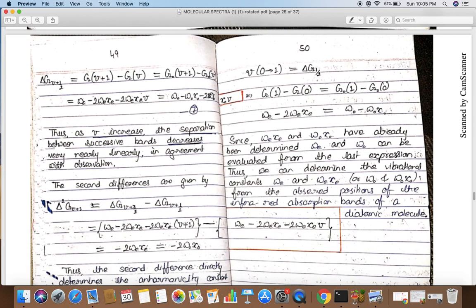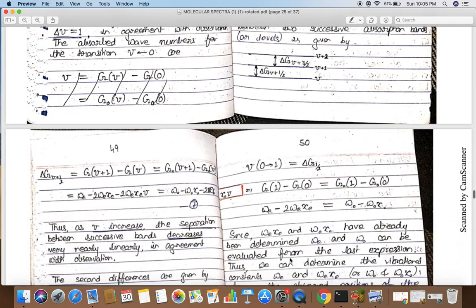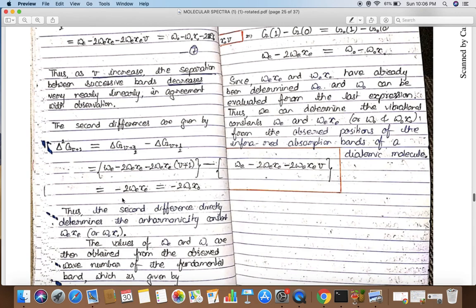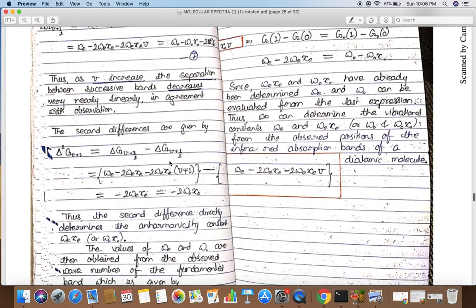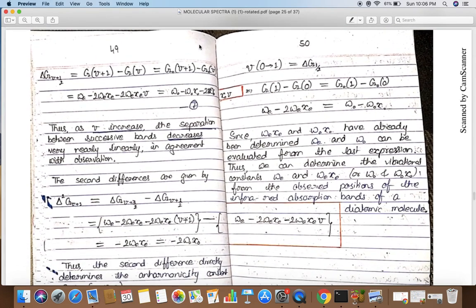The second difference is the difference between these energy levels: ΔG(ν + 3/2) minus ΔG(ν + 1/2). Once you estimate this, putting from equation number 7, you can simply estimate this.